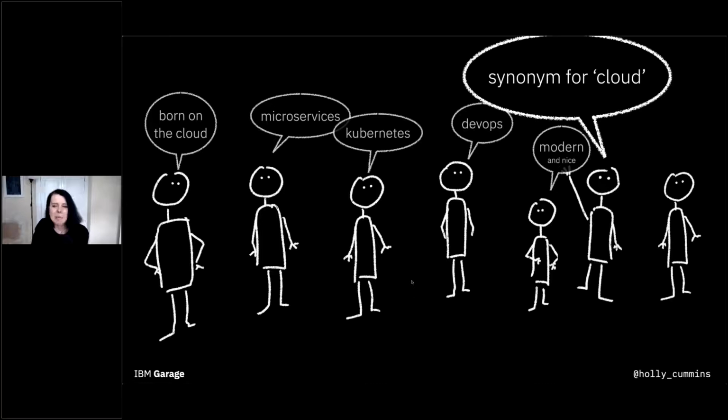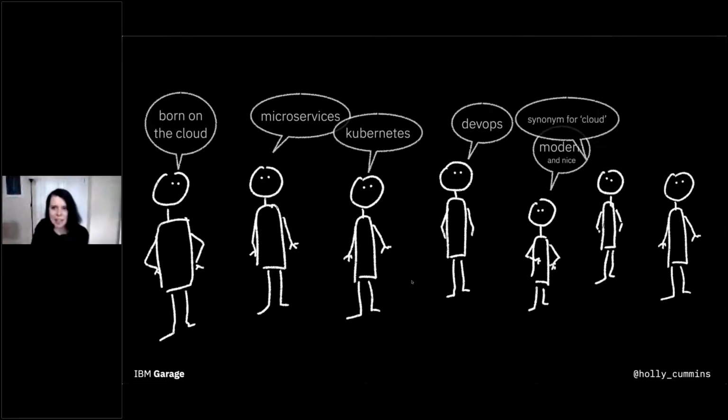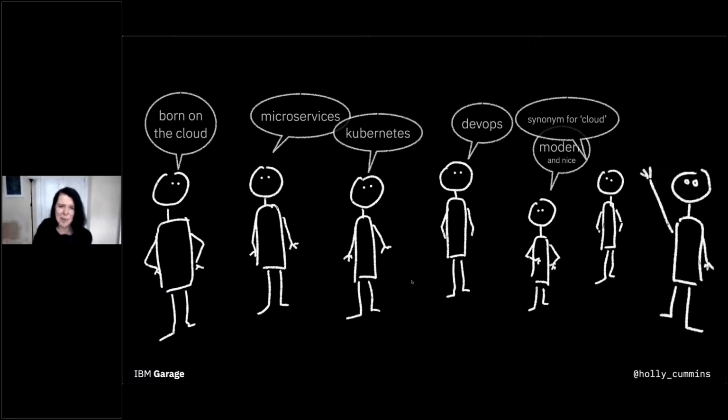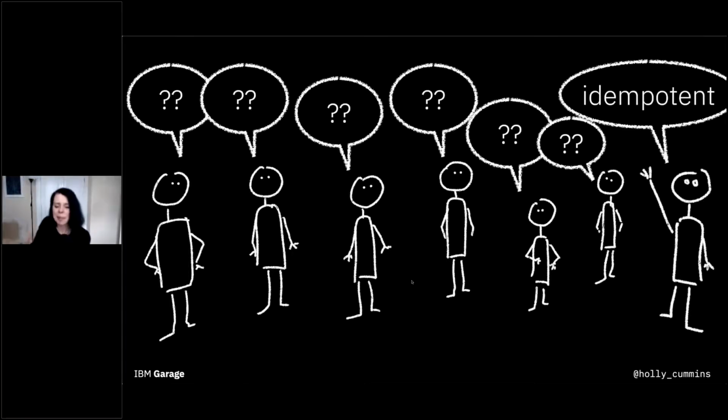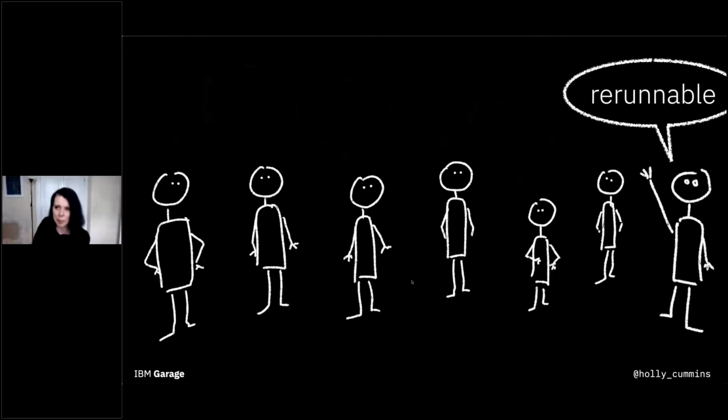And sometimes, every now and then, if you ask people what is cloud native, someone will say idempotent. And then everyone else will say, what? So idempotent basically means it's rerunnable.